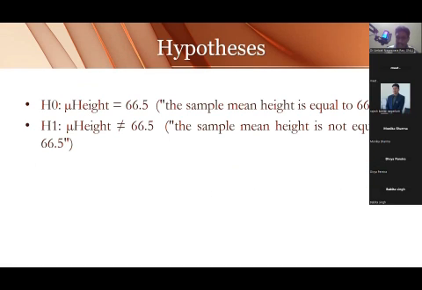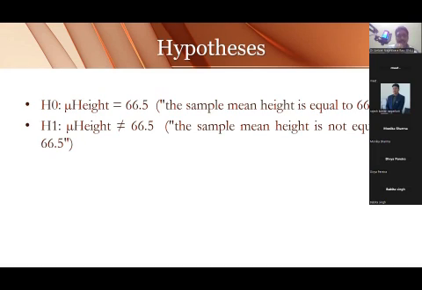Okay. Now, coming to the hypothesis. This is the problem statement. On average in Gujarat, the population mean height is 66.5, as per the Government of India report. It's roughly, okay, and don't take it seriously. The height of Gujarati people is 66.5 inches.